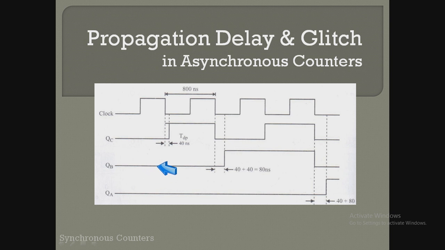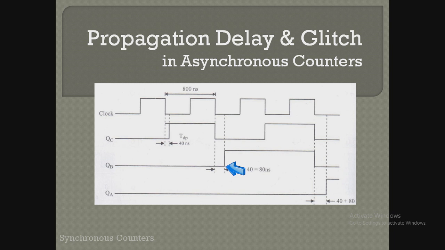When there is a negative edge in this pulse, the second flip-flop will produce output. This pulse is already delayed by 40 nanoseconds, and on receiving this input, the flip-flop will produce an output with a propagation delay of 40 more nanoseconds.